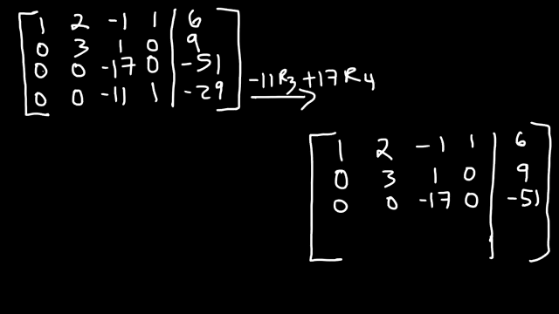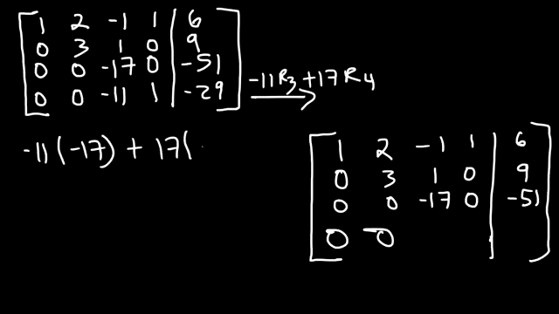So if we plug in these two, for R3 and R4, this will stay 0. And for column 2, it will still stay 0. But for column 3, it's going to be negative 11 times R3, which is negative 17, and then plus 17 R4, which is negative 11. So these two will cancel and give us a 0.